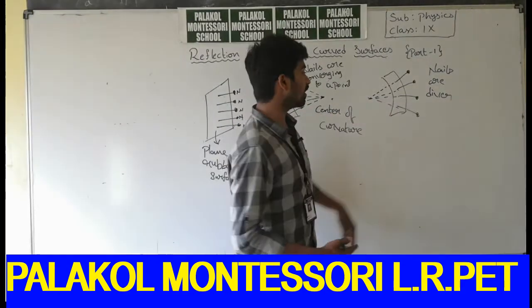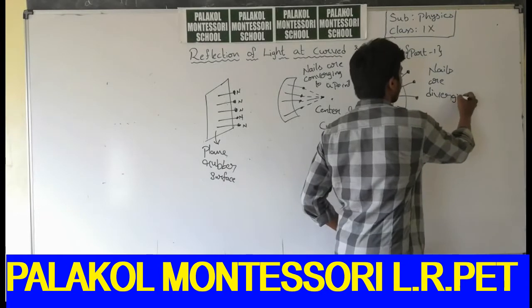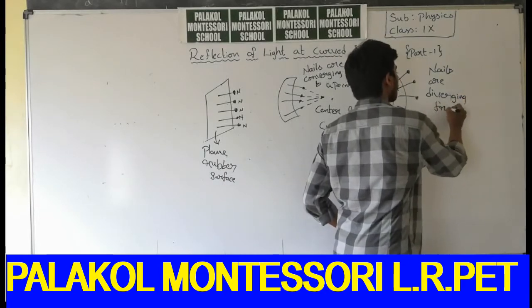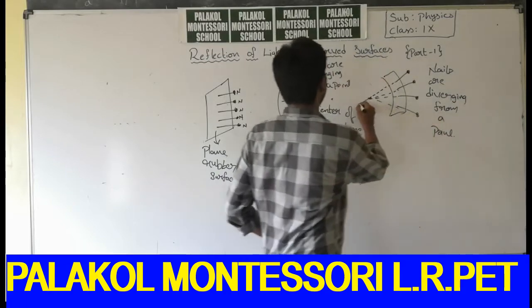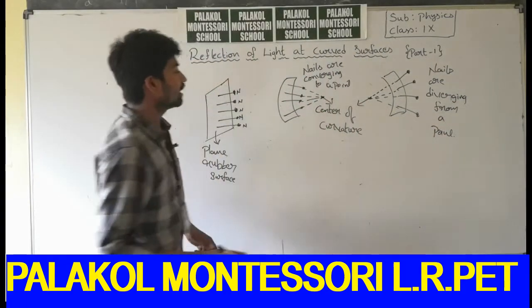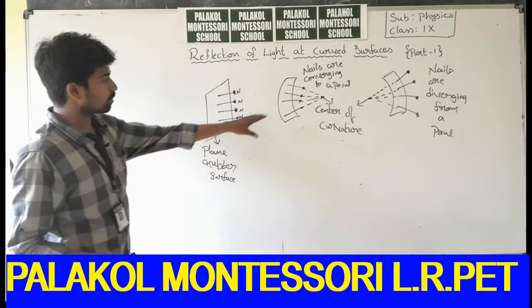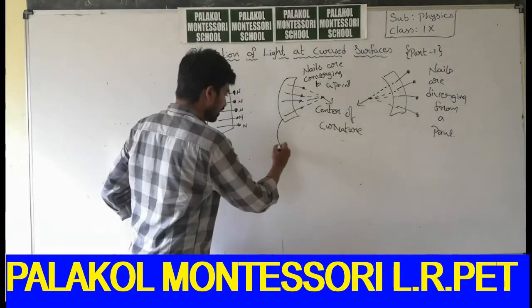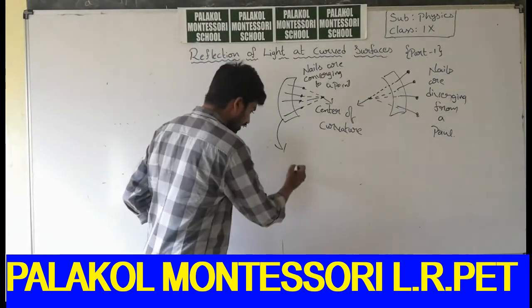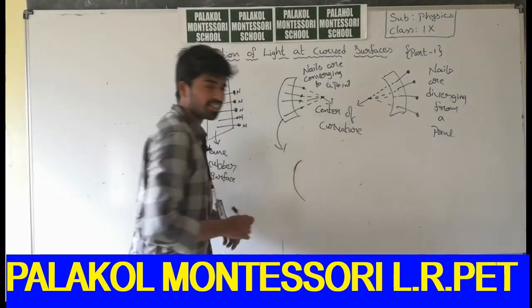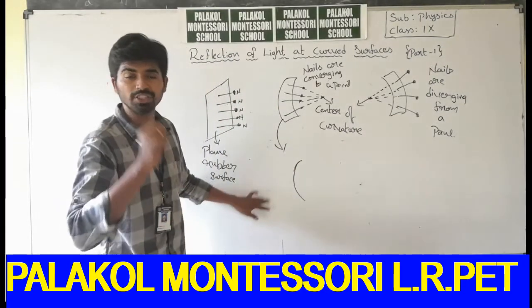Here all the nails appear to be diverging from a point. That point is nothing but the center of curvature. If you imagine, these are spherical surfaces. Spherical surfaces means these are parts of a sphere.